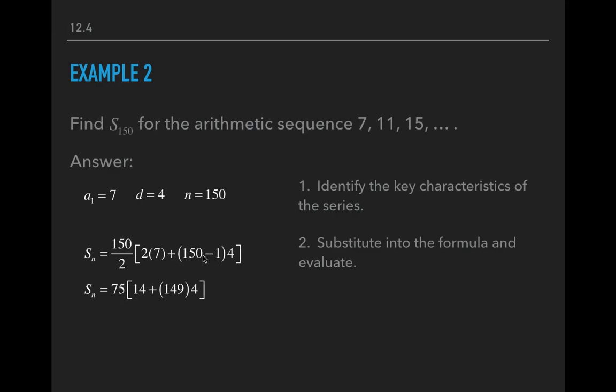I'm looking at this difference, which is 149 times 4. And if I plugged all that into my calculator, I want you to try it as well, you should get 45,750. And that is carrying out our objective of using our formulas to find the sum of an arithmetic series.